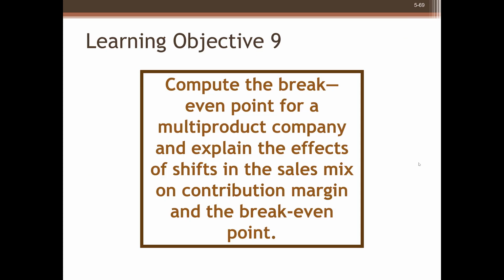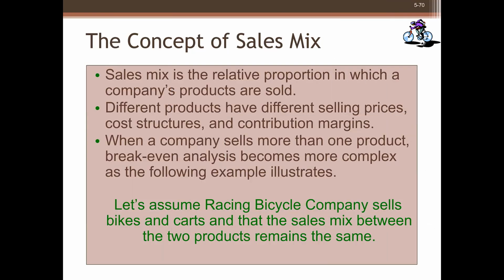Learning Objective 9. What if a company has more than one product? Let's take a look at contribution margin and break-even point. Sales mix is the relative proportion in which a company's products are sold. Different products have different selling prices, cost structures, and contribution margins.